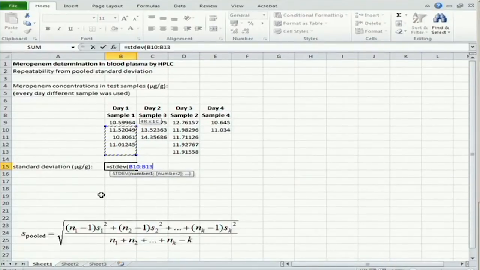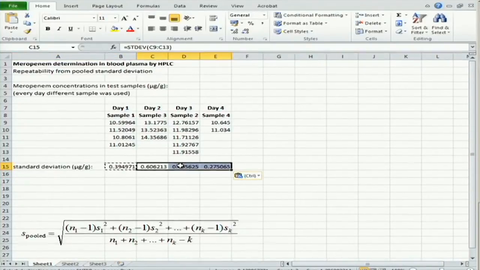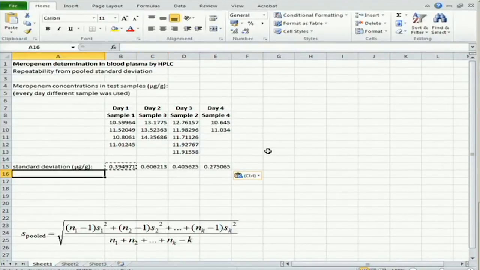And I will mark the area in such a way that it would be suitable for each and every one of these columns. Those empty cells will be omitted by the stdev function, so they will not be considered as zeros, so the calculations will be correct. So these are now the individual standard deviations.